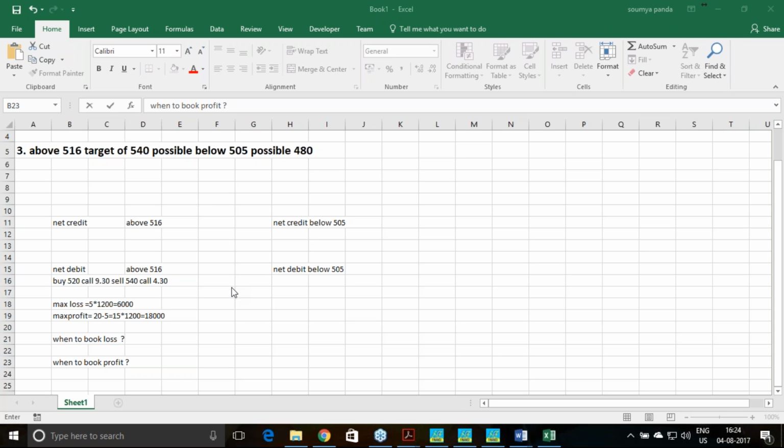Maximum profit you won't get, you will get a partial profit. Don't go by this maximum profit and maximum loss. Neither the maximum loss will come nor the maximum profit. You are going to hold it for 10 days, and once the price comes to 505 below, or 540 above, when to book profit.